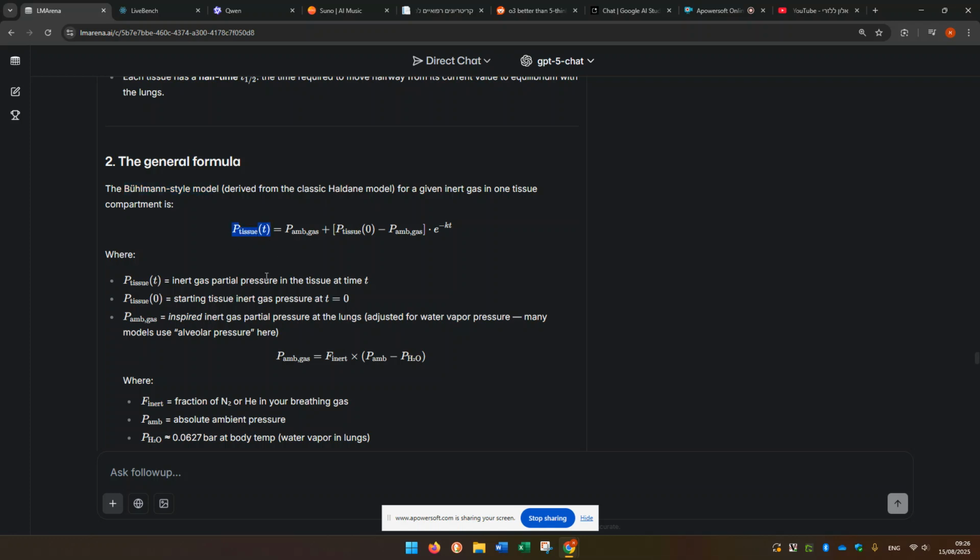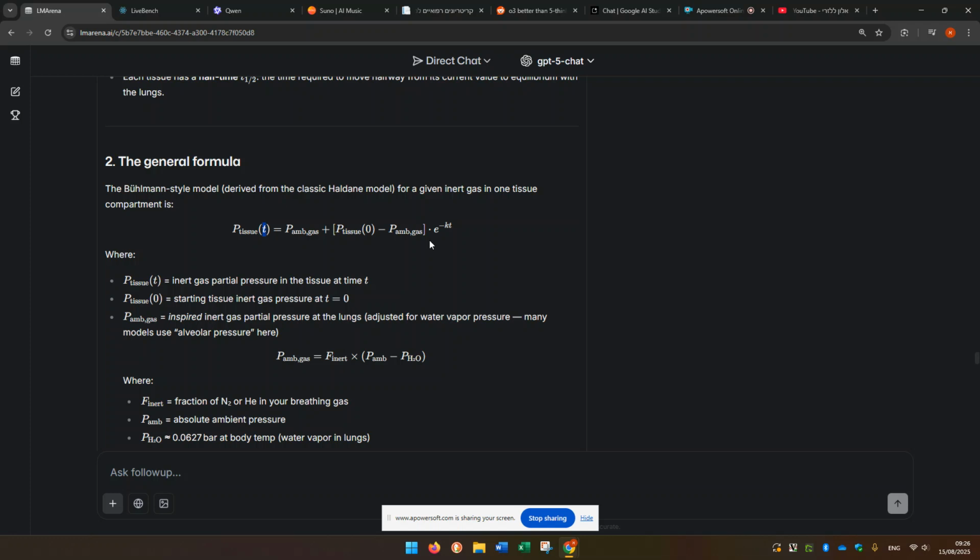So what is the partial pressure of the gas we want to talk about inside the tissue according to time? It will be based on the half-life of the gas in that tissue, and based on the Haldane model, it depends on which compartment we are talking about.